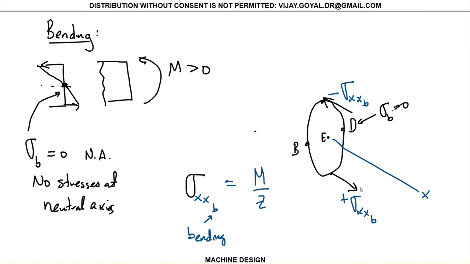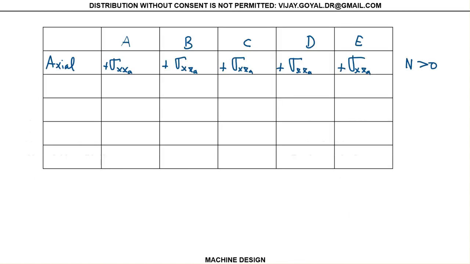All we are doing is evaluating what happens at those 5 points, at point A, B, C, D, and E. In the case of bending, this is 0 and this is maximum at the top and at the bottom. One side is going to be in tension and the other side in compression. So now we can fill the table again, and you can pause the video so you can create these tables.